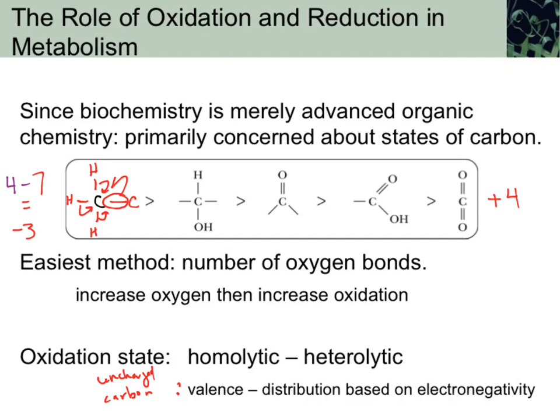As I move from CO2 all the way down to this ethane-like structure, what happened to the oxidation number? It was reduced. So the smaller our oxidation number, the more reduced it is. The larger our number, the more oxidized it is. So we're looking at that balance all the way through.